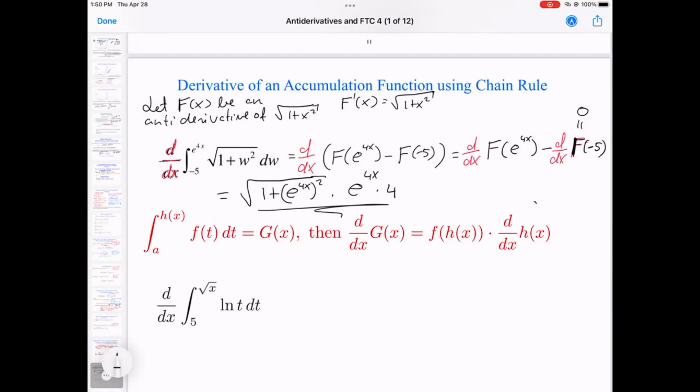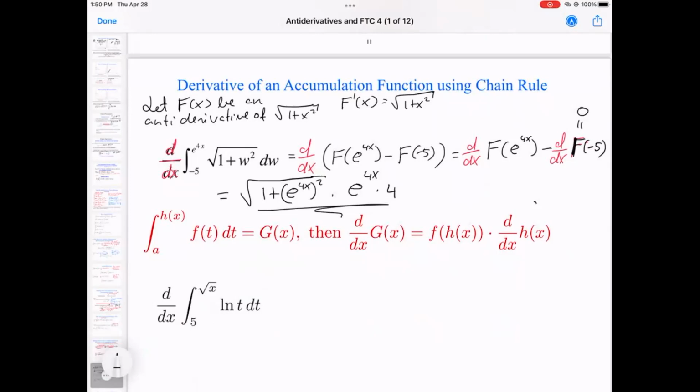If you have an integral expression, an accumulation from a to a function h of x, of f of t, let's generate an accumulation function. When you take the derivative of it, you go back to the rate at the inside function, f of h of x, and you have to multiply by the derivative of the inside function, h prime of x.